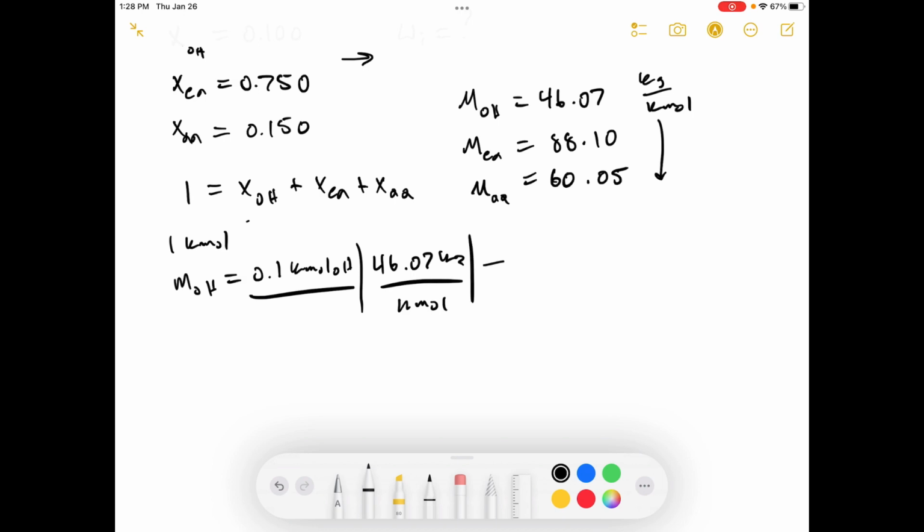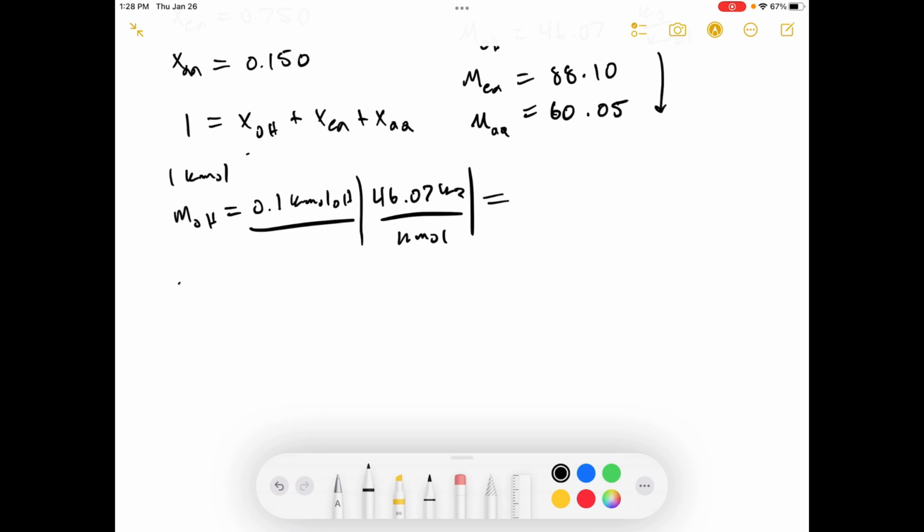Okay, and then this would be the mass of the OH. So we can just say the same for each one of these.